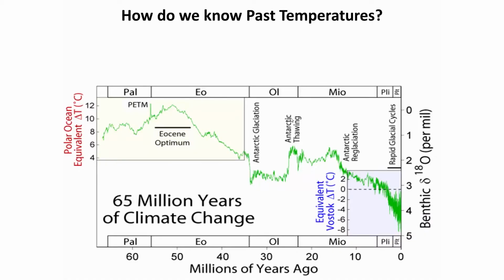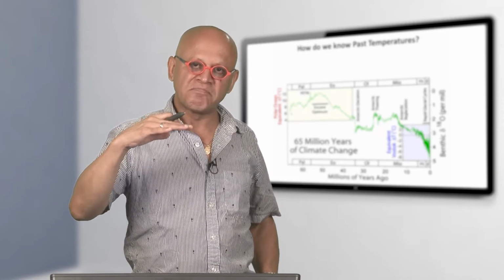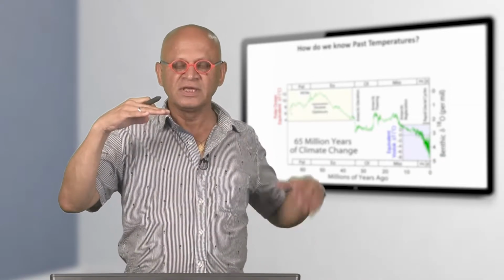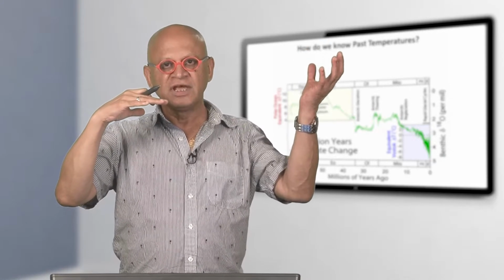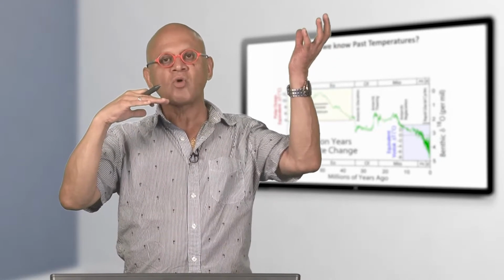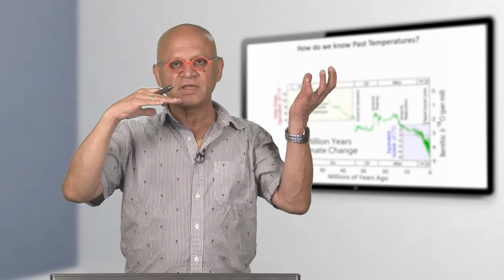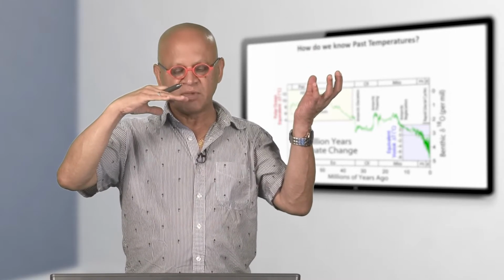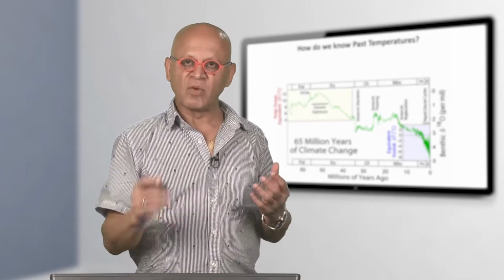So, here is a record of some sort of a mean temperature of Earth as differentiated from the current mean. So, you take the current climate, you estimate the past climates and you look at how warm or how cold the past temperatures were compared to the current climate, and you plot them as anomalies.